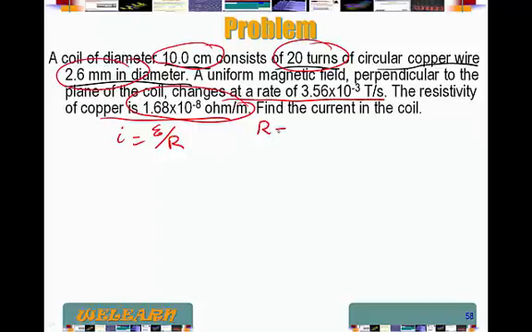R, if you recall, is resistivity times length over A. In this case, the resistivity is what we have here, 1.68 times 10 to the minus 8 ohm meters.